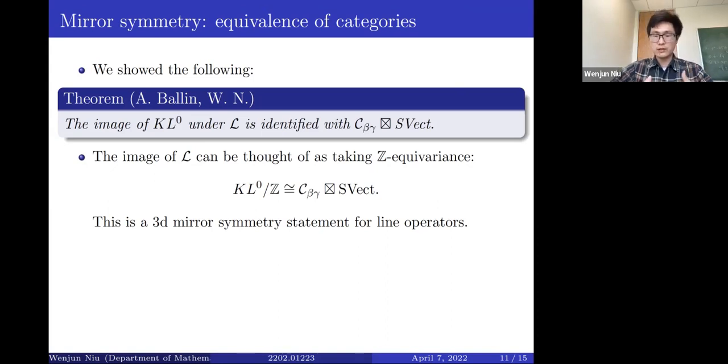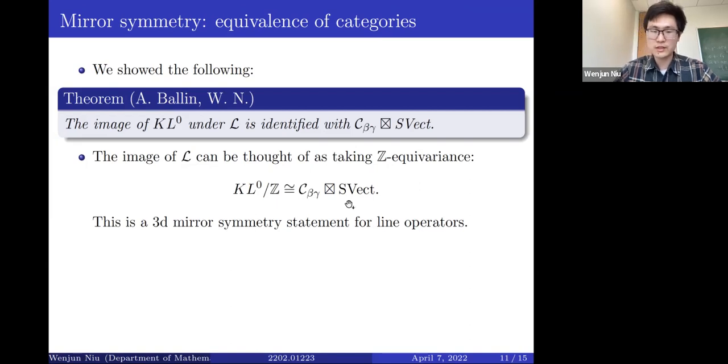And what this lifting functor does is that it identifies modules that are related by this translation by Z. So I understand this as taking a Z equivariance. And this L identifies this Z equivariant category with the curly C beta gamma.